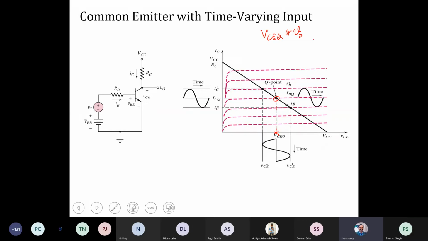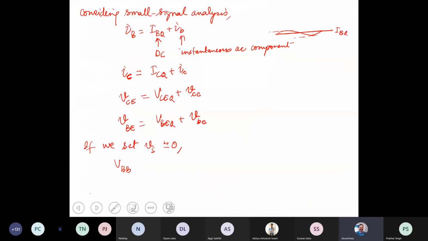So VBB is IBQ RB plus VBQ, and VCC is ICQ RC plus VCEQ.